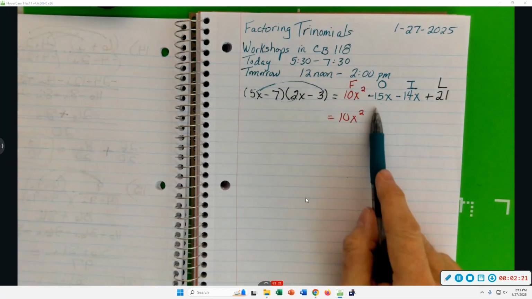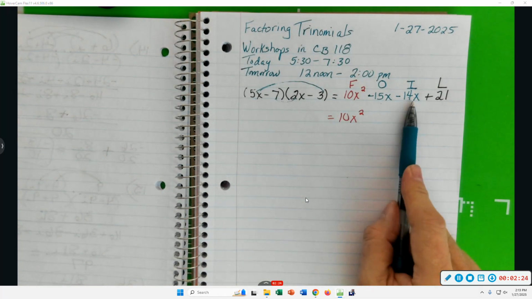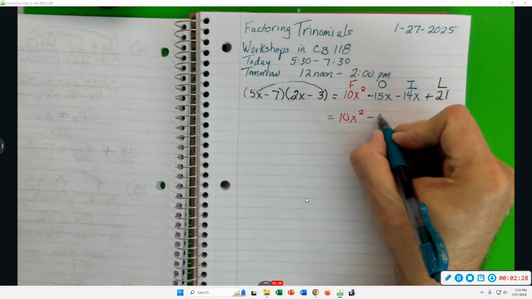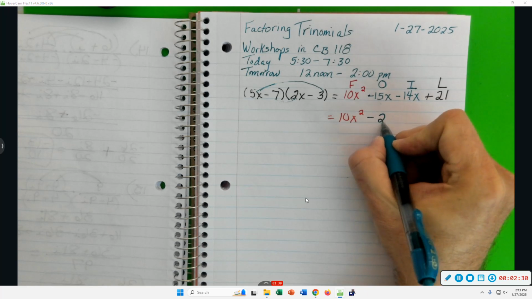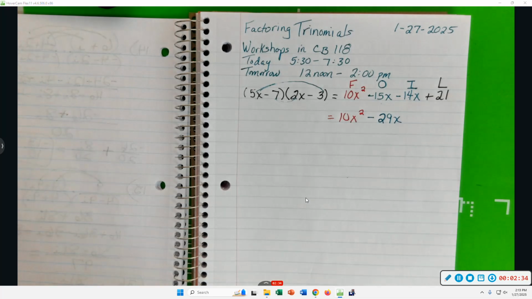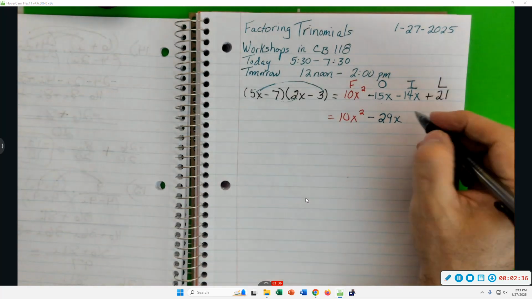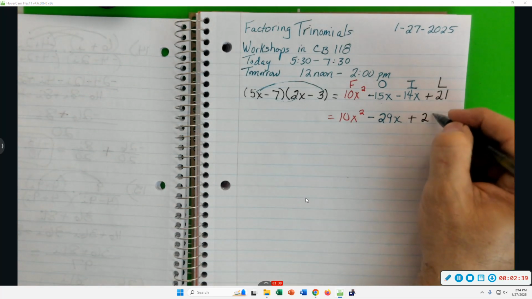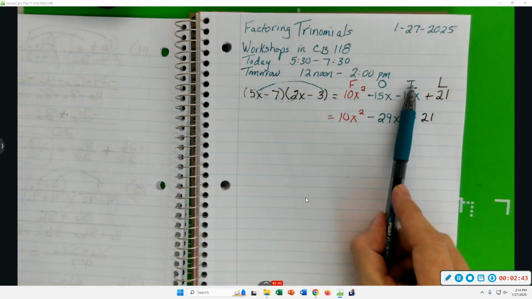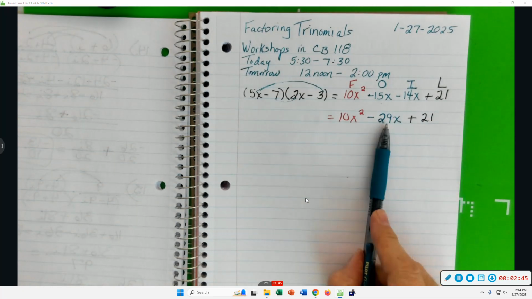Negative 15x plus negative 14x is negative 29x. And then plus 21. So what y'all are telling me is that the outer and inner terms combine together to give the middle term.